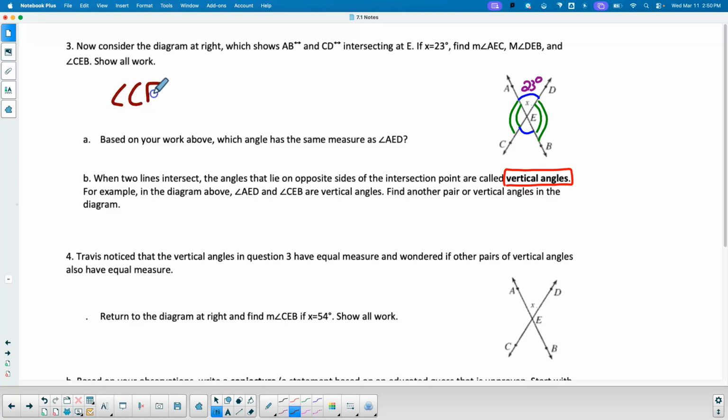Angle CEB is equal to 23 degrees because it's the vertical pair. Yes. The two blue angles, though. Do you need the M? Oh, did I forget the M? Yep, because we're talking measures. BED, okay.